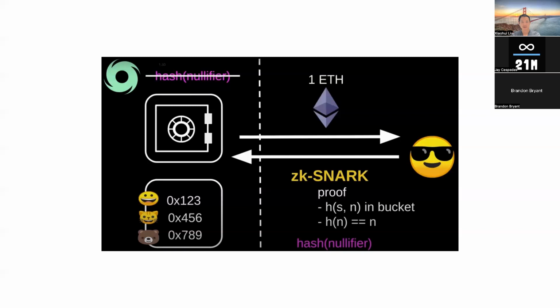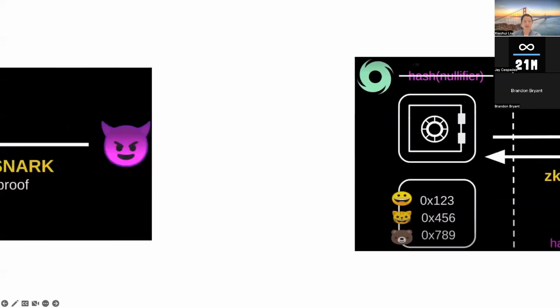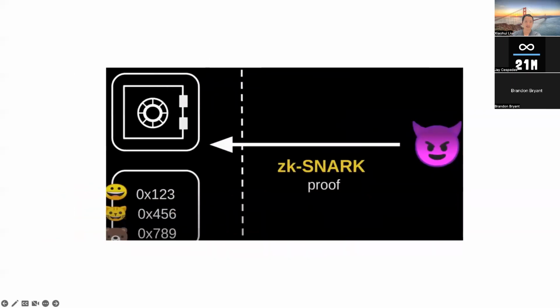Sorry about that. I might have missed this part, but why can't you just have a list of hashes that you cross out? Okay, here's the thing. Let's say we go back here. Let's say we don't have the nullifier.